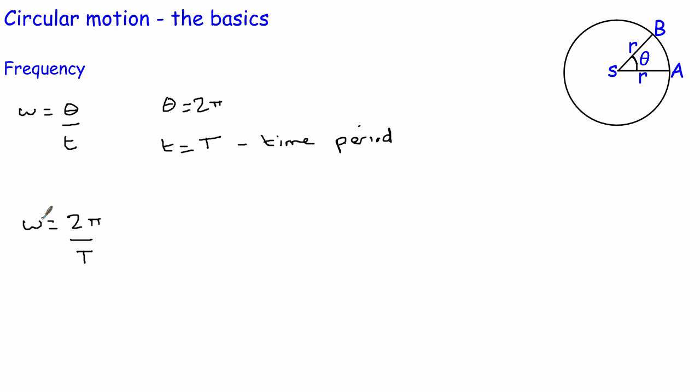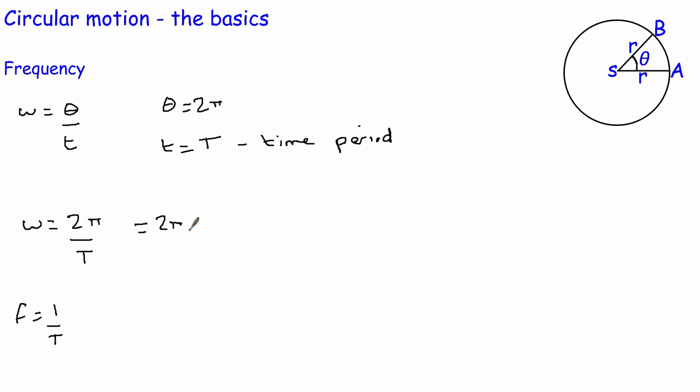Now, very often that's a useful equation in itself, because you'd want to know the time period of this. In other words, you want to know how long it takes to do one revolution. We want to go one step further and think about the frequency. Now, the frequency equals 1 over the time period. So if we take this, we write it a bit funny.